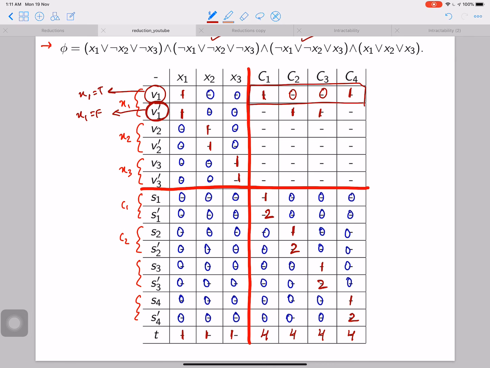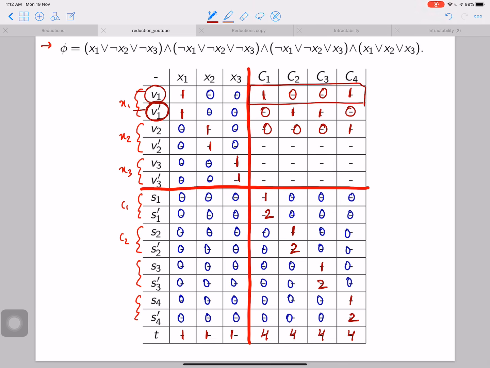So these two are satisfied when x1 is false, so we'll put ones at these places and zeros elsewhere. For the next row, we need to find the clauses which are satisfied when x2 is true, and that is only the last clause, this one. So this one here is 1, and the rest are 0, 0, and 0.